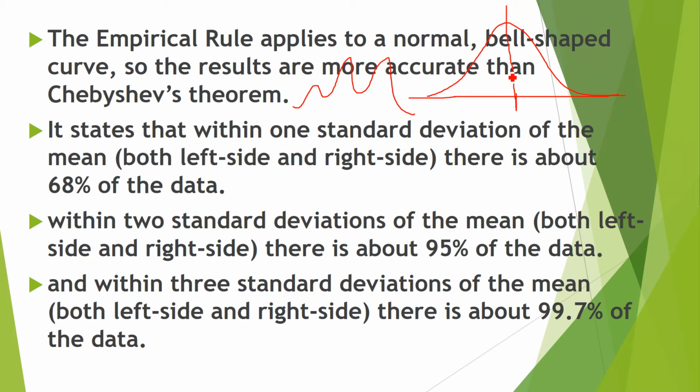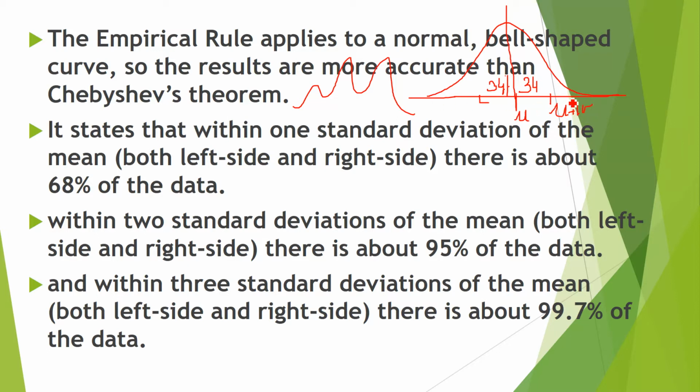68% means 34% of the data you will find here, and 34% of the data you will see on the left hand side of the mean. So the mean is represented by mu. So here and here we will say mu plus 1 sigma, because this is the right side.